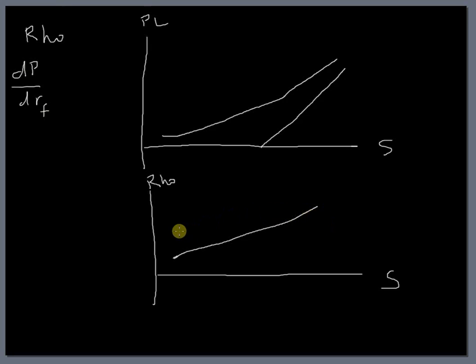So we can intuitively say that rho is always higher for a longer maturity. Say this is 6 months, and this is say 1 month. These are for long call options.